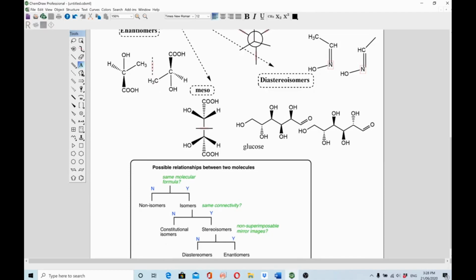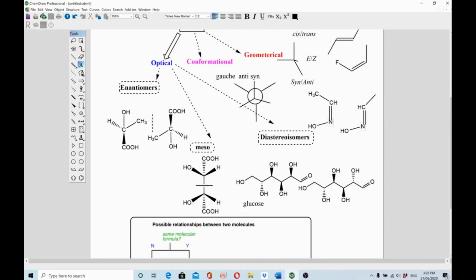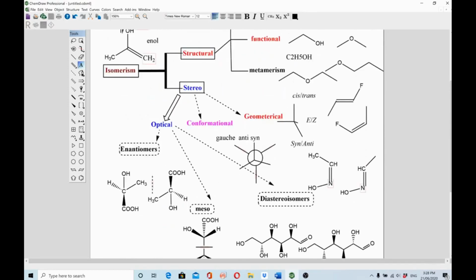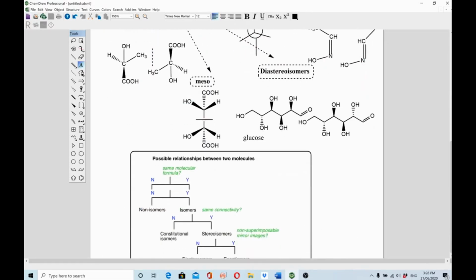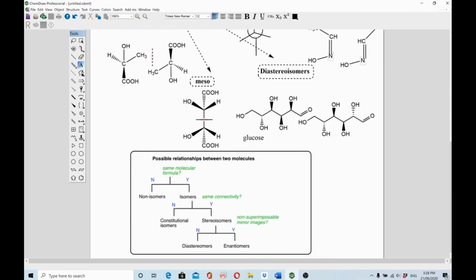That becomes isomers. Now we need to look for the connectivity between those two molecules which have the same molecular formula. If those two molecules have the same molecular formula, they are called isomers. But if they do not have any connectivity, they are called constitutional isomers. Structural isomerism is also called constitutional isomerism because they do not have any connectivity like double bond or chirality or something.